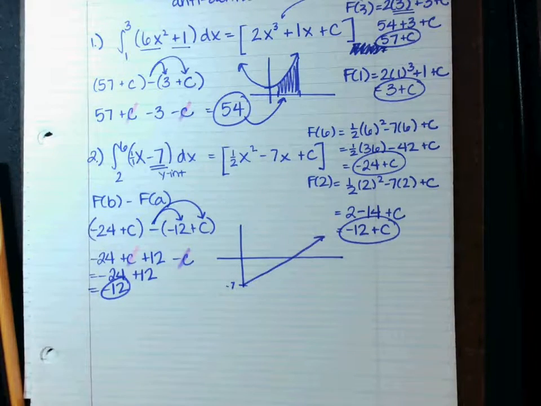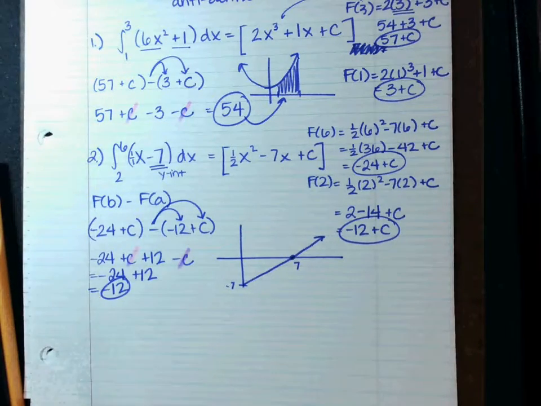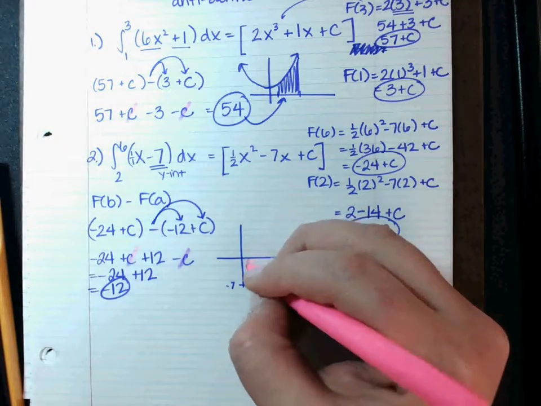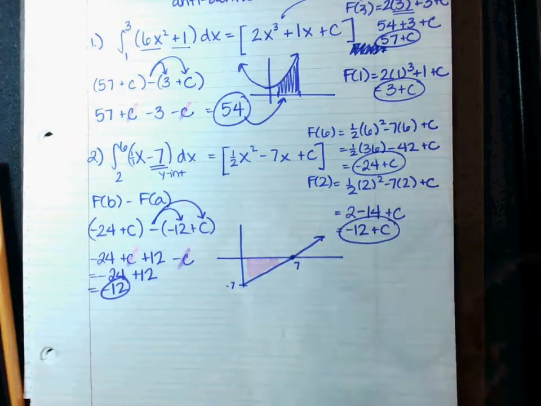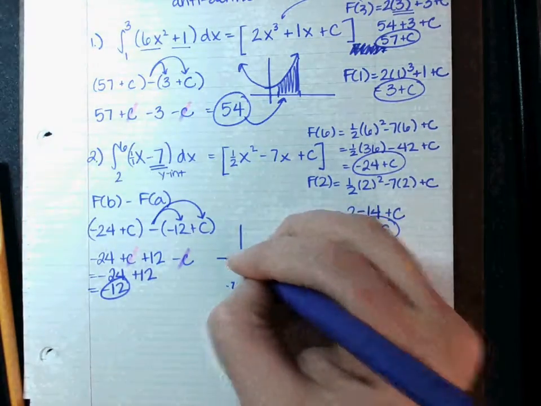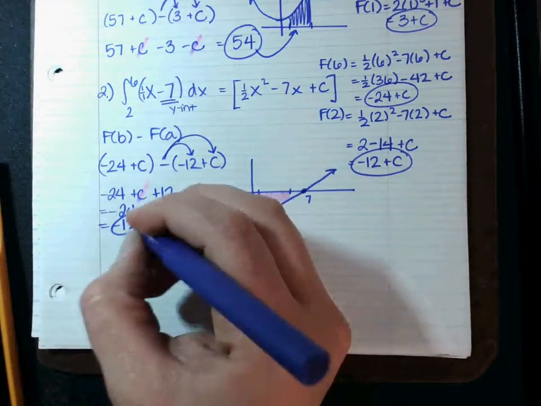And then I'm shading from 2 to 6. Well, if this is a negative 7, then this is a 7 as my x-intercept. So the reason that it comes out negative is because from 2 to 6, my area, okay, is all below the x-axis. And so remember that your integral is directional area.